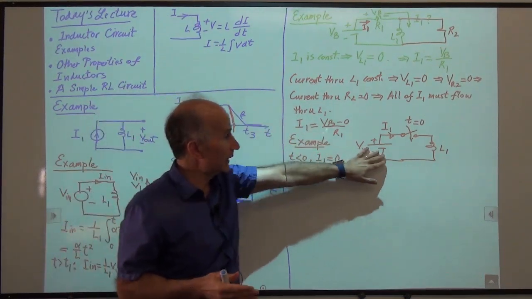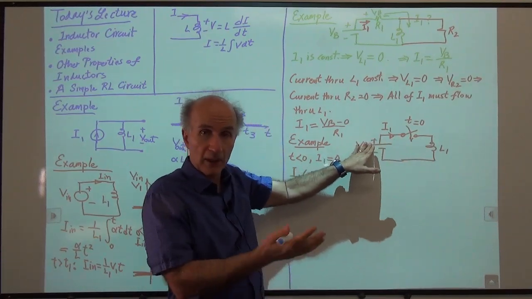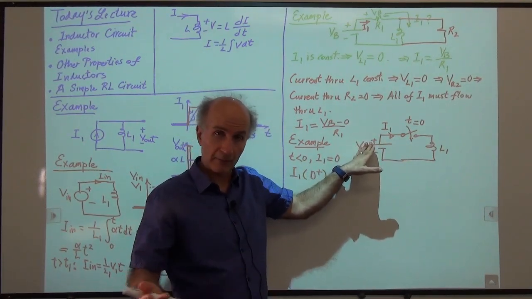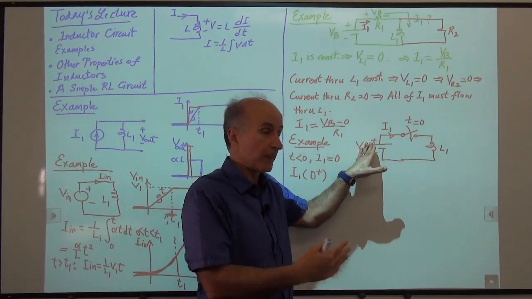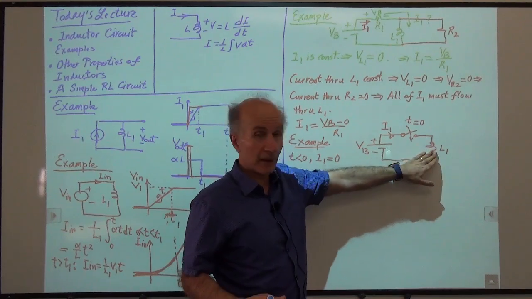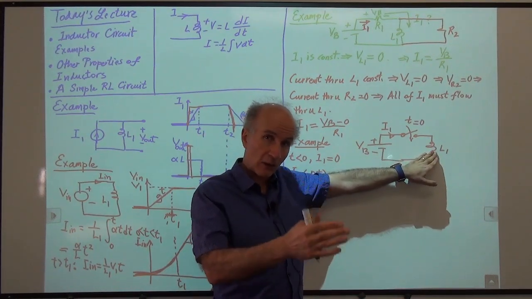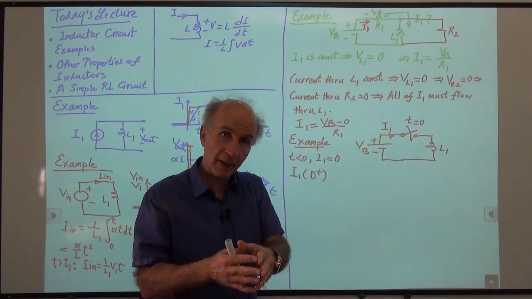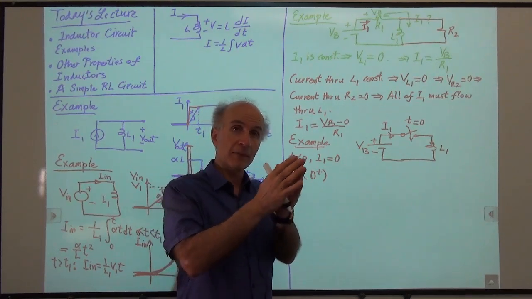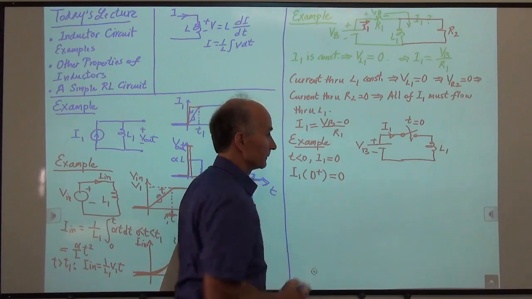Can this circuit deliver infinite voltage to this inductor? No, because this battery has some finite amount, 1.5 volts, 5 volts, something like that. So an infinite voltage is not available here, which means the current of the inductor cannot jump instantaneously, which means the current through this loop at time 0 plus is still the same as at time 0 minus. So that still has to be 0.